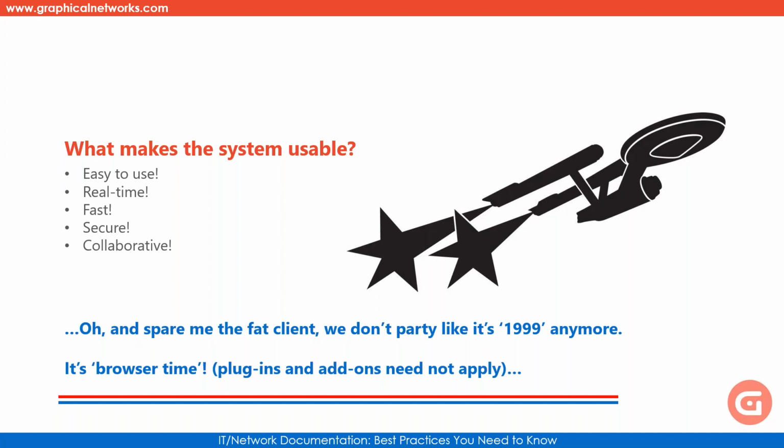It's fast, meaning that you can search for information within seconds. Is it secure? Is it collaborative, meaning can multiple users access the same system at the same time? Can they make comments? Can they collaborate with each other? These are the items that make what we feel is a network documentation system very usable.